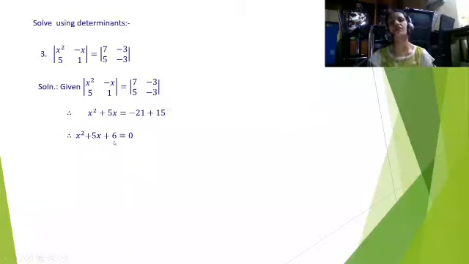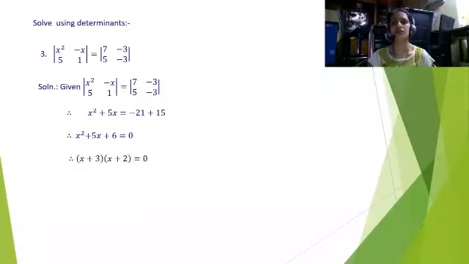So now this is a quadratic equation. Those who know how to solve a quadratic equation, they have learned it in school. They can do it using their own method, or else on a calculator you can solve this quadratic equation by feeding the coefficients of x square, x and the constant. The calculator will definitely give you the correct answer.